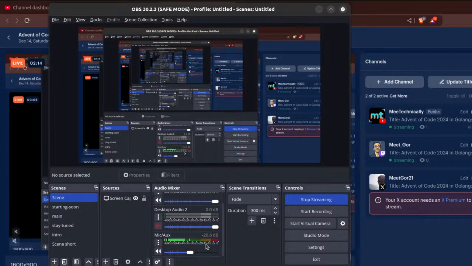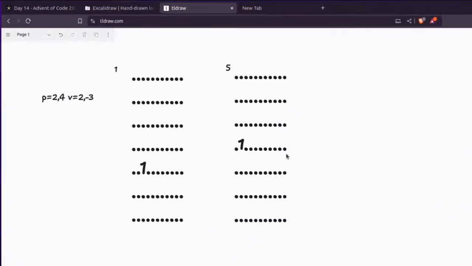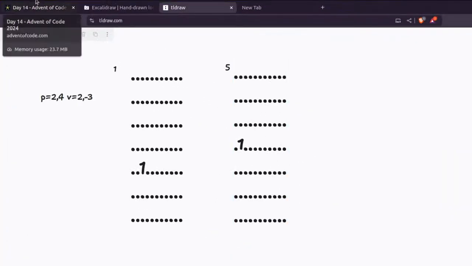Hopefully, that should be good. We are back, right, left.